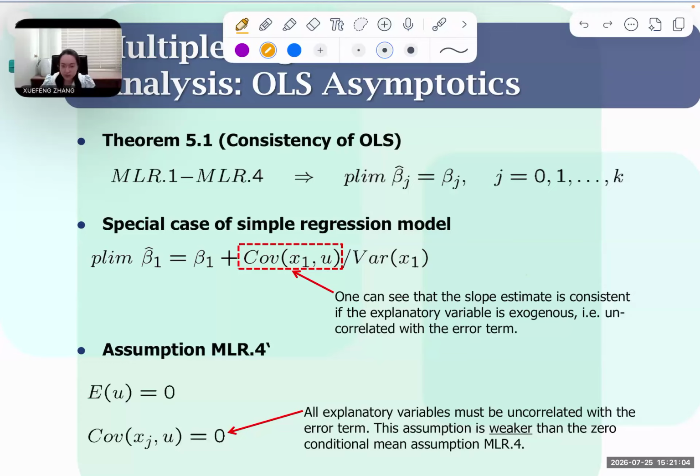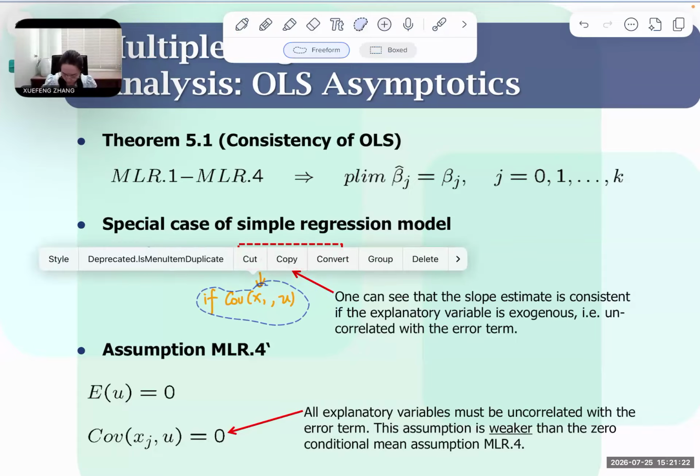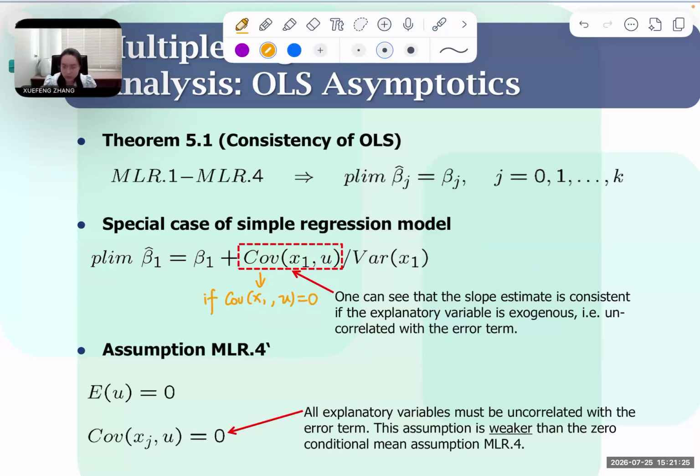If covariance of x1 and mu equals 0, meaning x1 and mu are uncorrelated, then the extra term vanishes, all right?